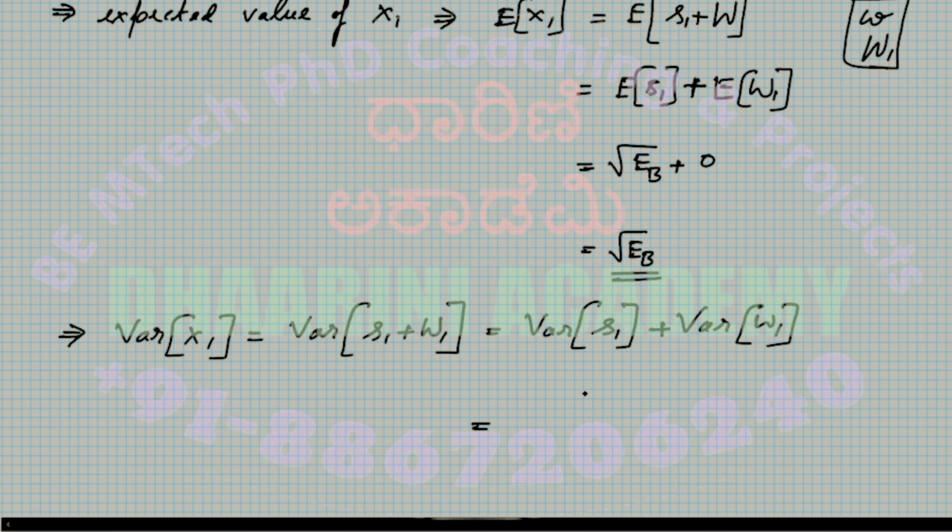Its variation is predefined by an equation. So the variance of s1 is zero. Something which is already known to you has zero variance, but the noise has some variance. Again, you can see the assumption we made, that is N0 by 2. So the variance of x1 becomes N0 by 2.